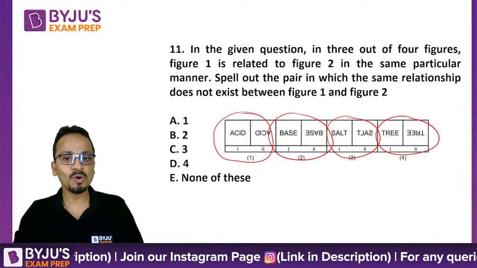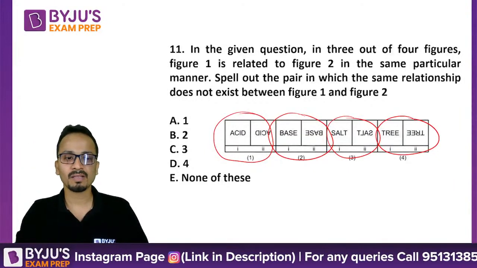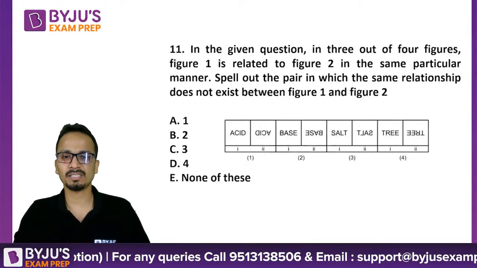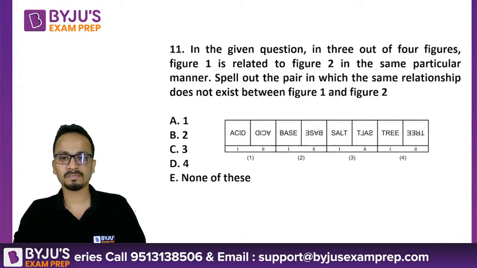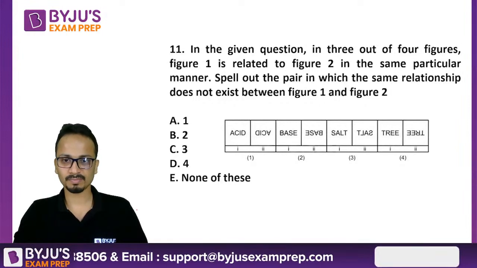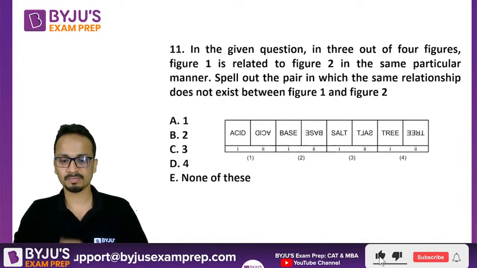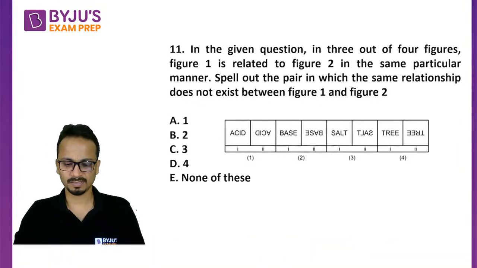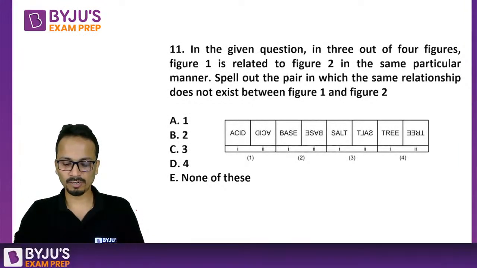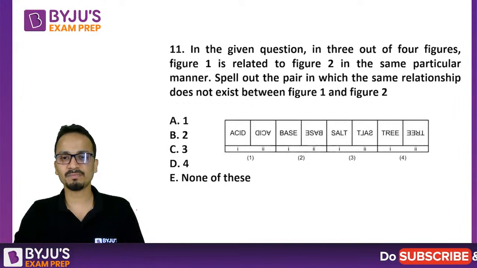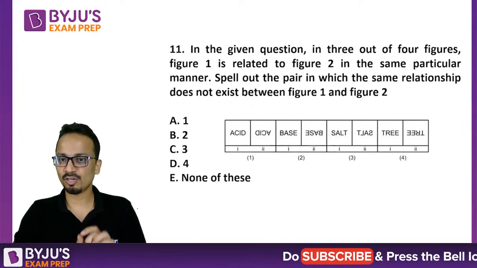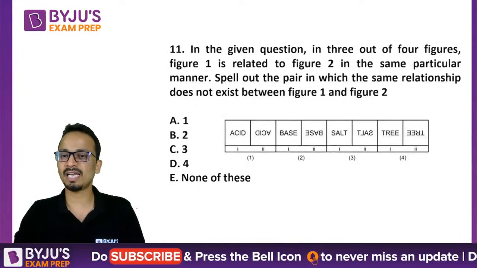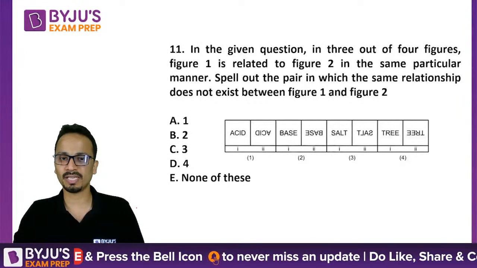Now the students who have a confusion in mirror image, water image, they might understand this. जिसको confusion है mirror image water image में, they must observe this properly, and then you'll be able to understand what mirror image and water image are.